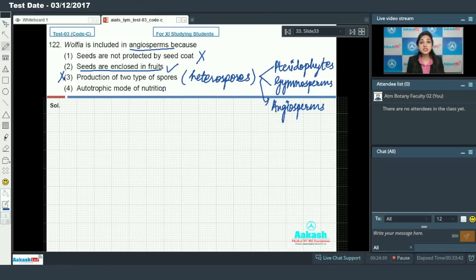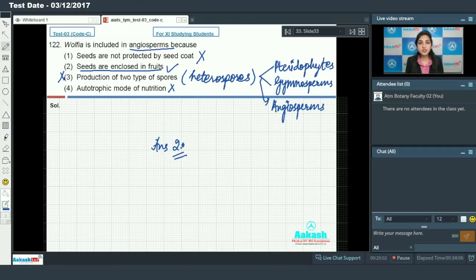In fact, there are certain members of Monera and Protista जिनके अंदर autotrophic mode of nutrition होता है. So, autotrophic mode of nutrition is not the feature जिसकी वजह से हम Wolfia को angiosperms में place कर रहे हैं. This is incorrect. So, answer to this question is option number 2.